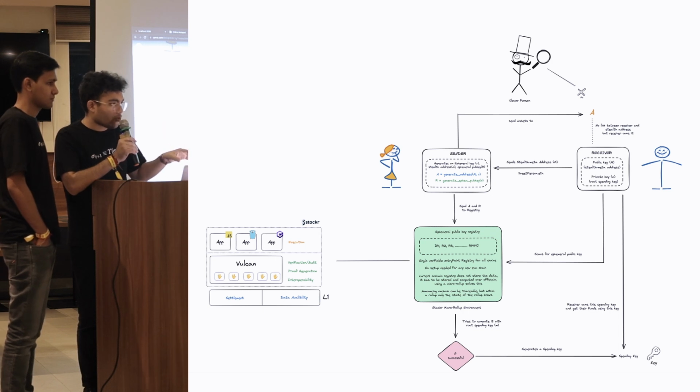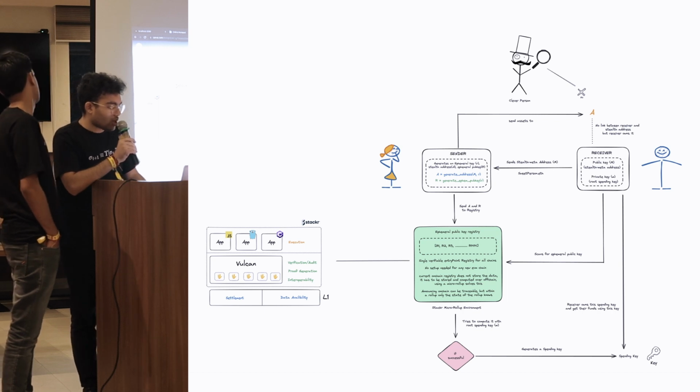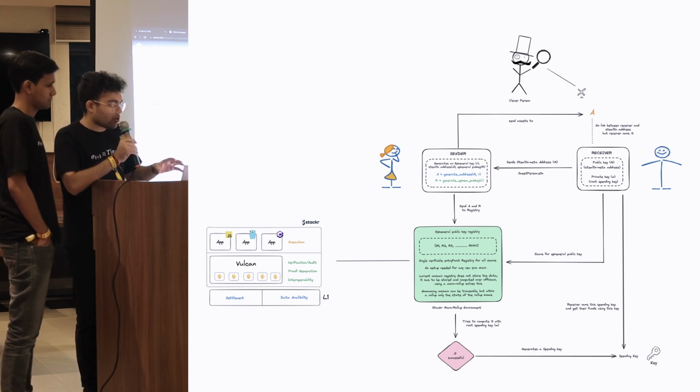So there is no setup whatsoever needed for any new chain to engage in stealth transactions. Moreover, the data is verifiable, so it's sent to our app logic, which will create a Merkle root, which will then be verified by the Vulcan and posted to the L1.